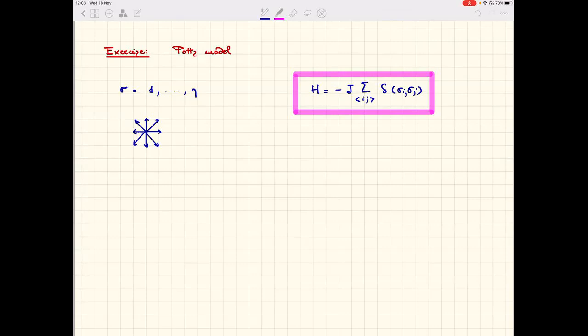Sorry, then the energy is minus J. If they are different, then it's 0. It's very simple. You can visualize it in many different ways, right? Is it a delta function? It is a Kronecker delta. Okay.